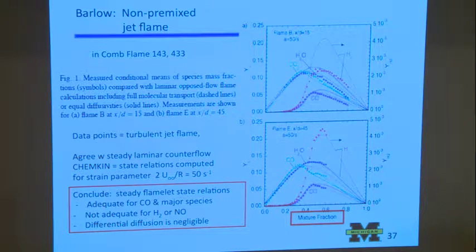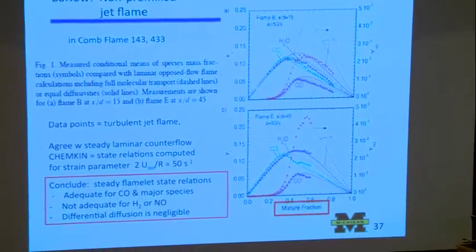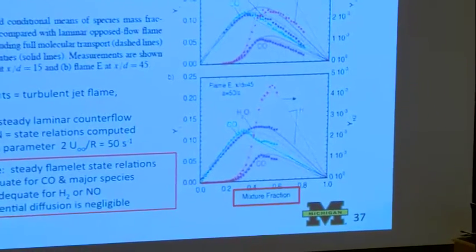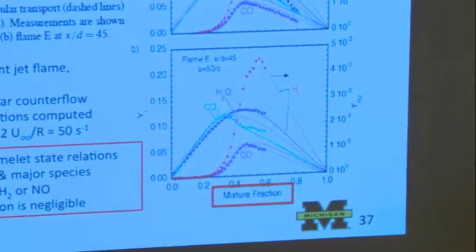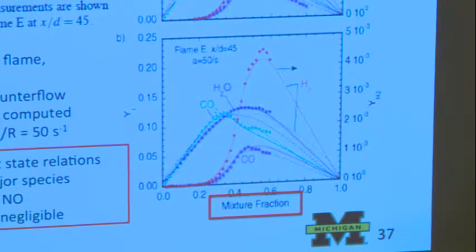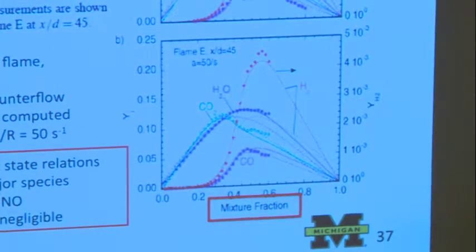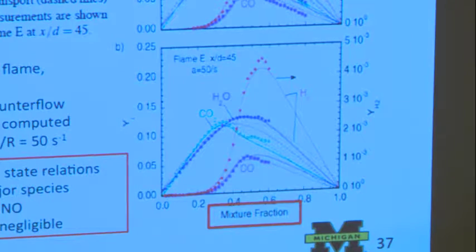This is a paper from Barlow, a really nice paper, and again, it just shows the CO is in good agreement with other, let's see, this is a comparison of, getting confused here.